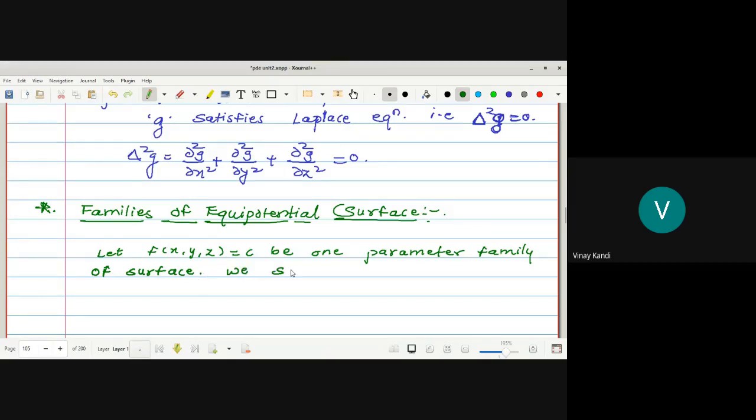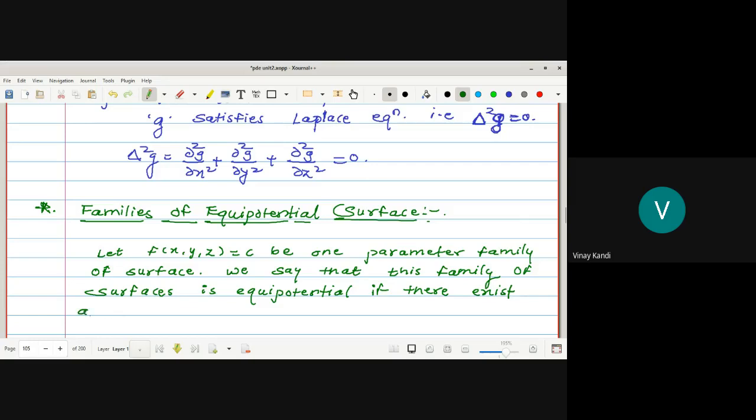We say that this family of surfaces is equipotential if there exists a potential function psi.